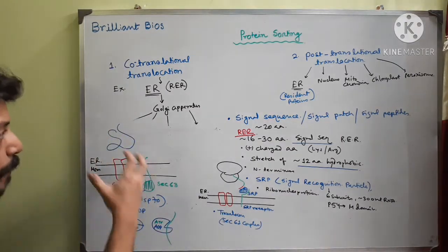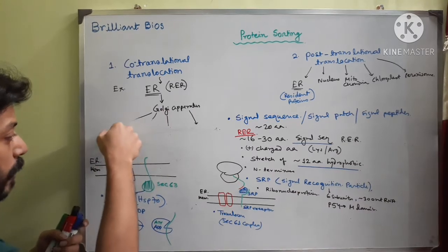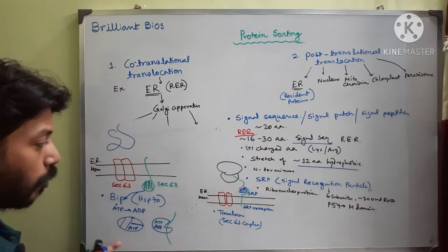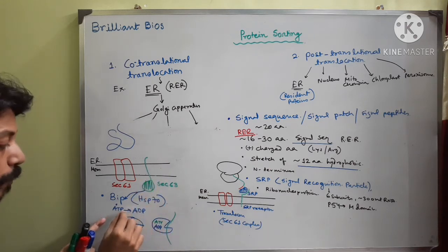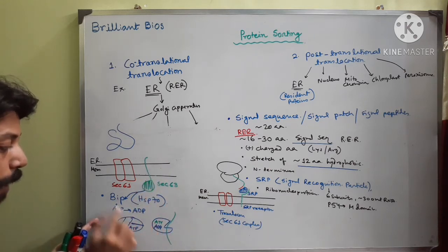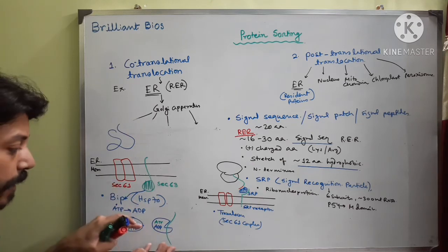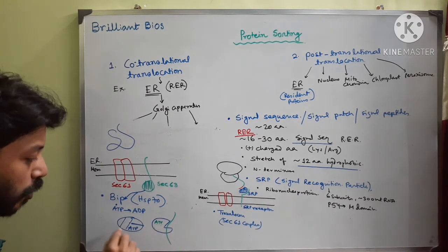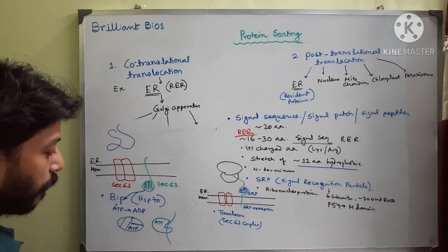So what happens in case of post-translational translocation? The protein enters through this SEC61 because this is the translocon channel. SEC63 helps to break this ATP to ADP so that the mouth of the BiP can open and can bind with the protein. Now ADP is replaced by ATP so that this will become a closed mouth.